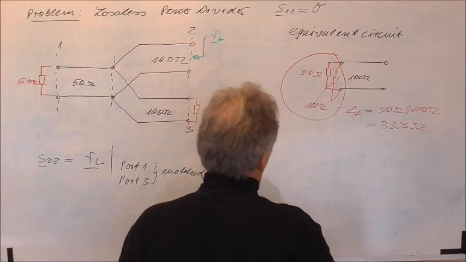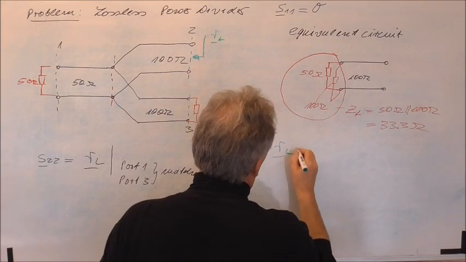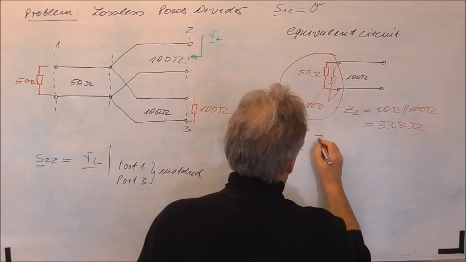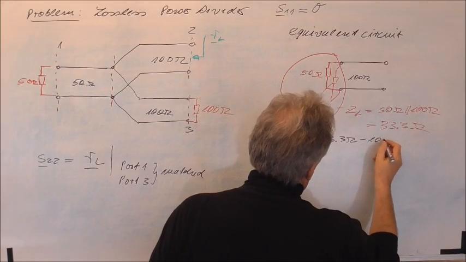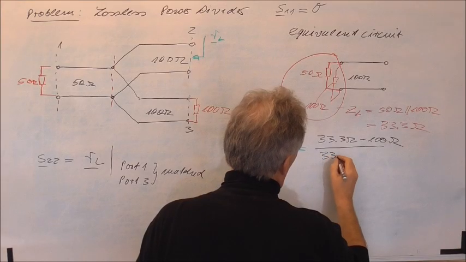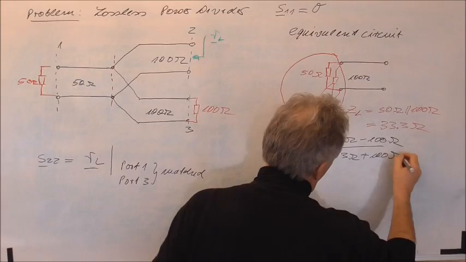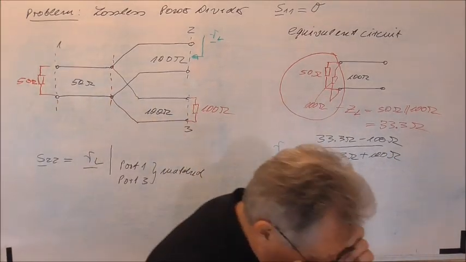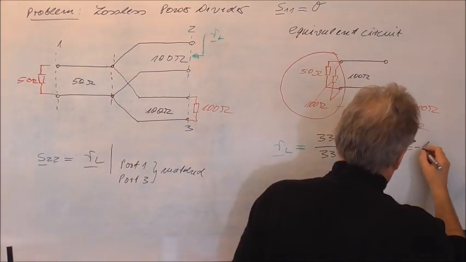And we can now calculate again RL in our case. I use the green color. In this case, RL is equal, you see here, to 33.3 ohm minus 100 ohm divided by 33.3 ohm plus 100 ohm. And if you calculate the value, then you will get minus 1/2.